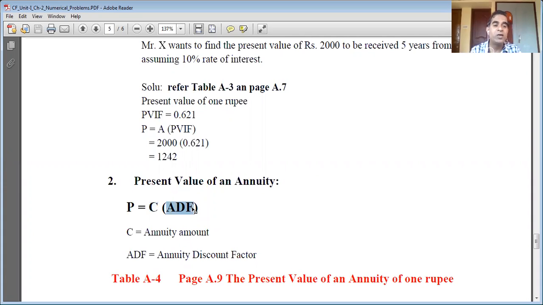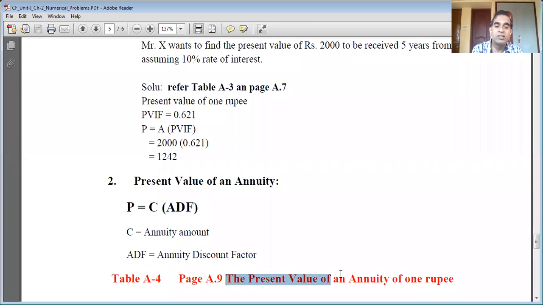Even without the formula, you can calculate it if you know whether it is a compounding or discounting technique. And again, in discounting, whether it is the present value of a single cash flow or the present value of an annuity, because the tables differ and values differ. So the present value of an annuity table is table number A4.